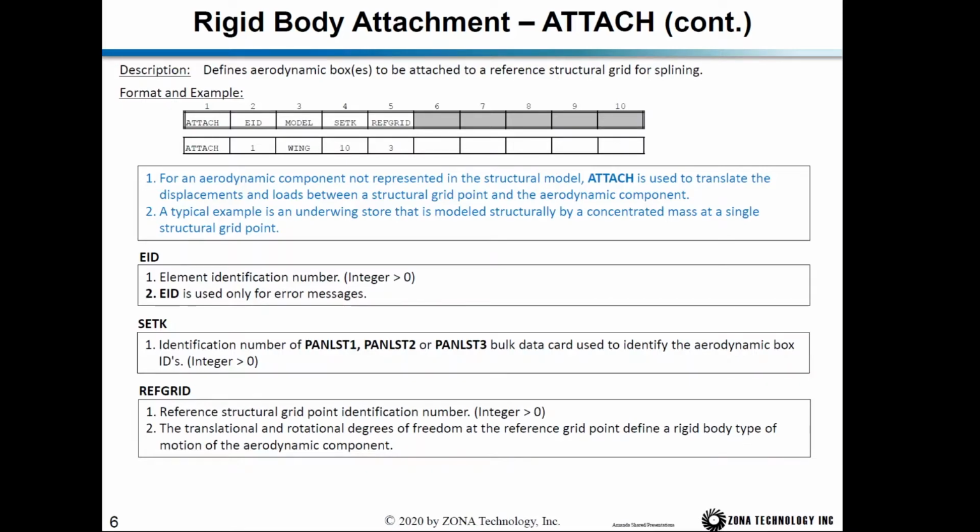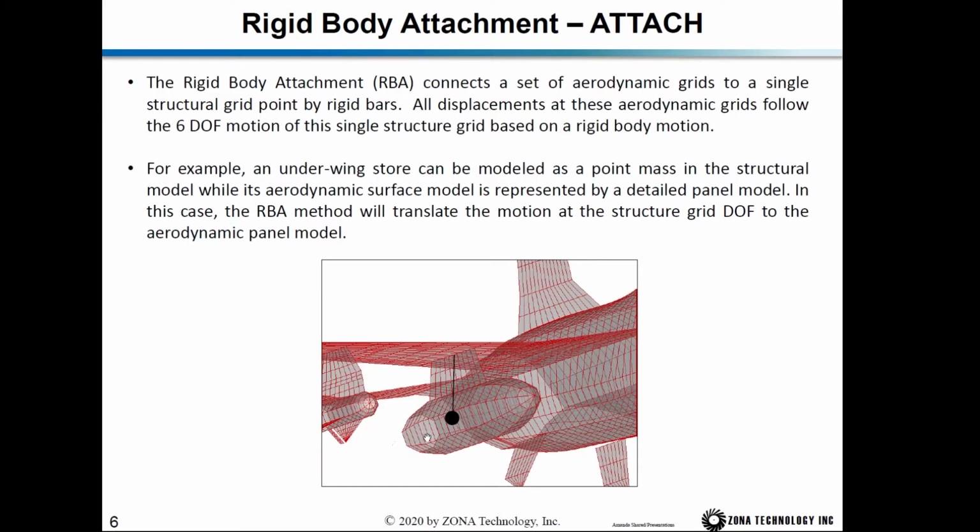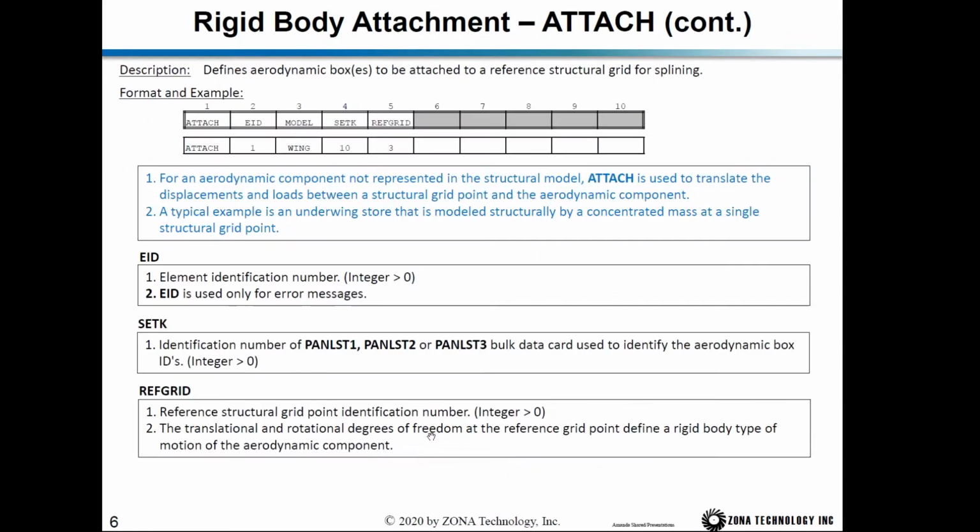And so you attach all the aerodynamic panels to this single structural grid point. Internally, the attach method will connect all the aerodynamic panels to this structural grid point by a rigid bar. So when this grid point moves and rotates, the whole aerodynamic model will move accordingly.